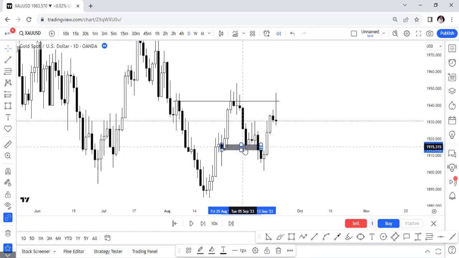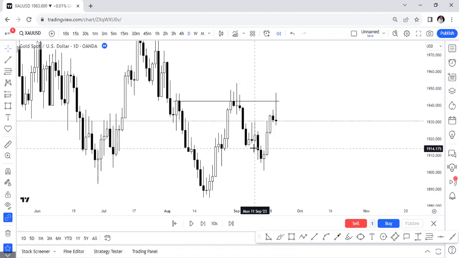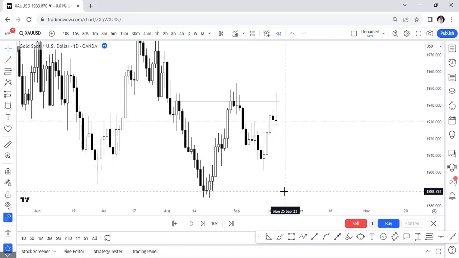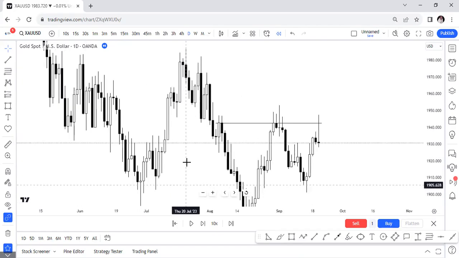If you put your checklist here, you would have missed this, because it doesn't close below this, but it closes below the SNR of that base. So that's my own checklist, so I won't miss many opportunities.